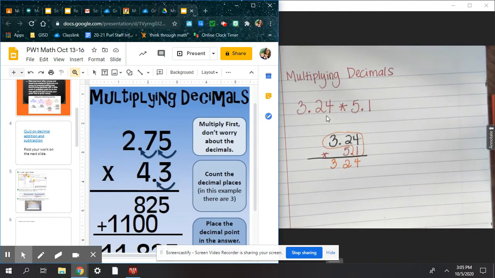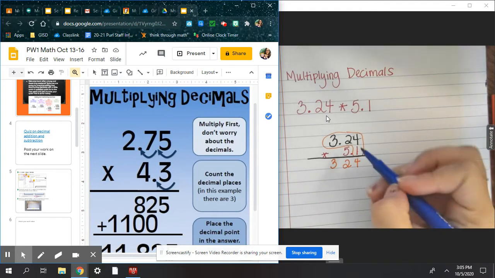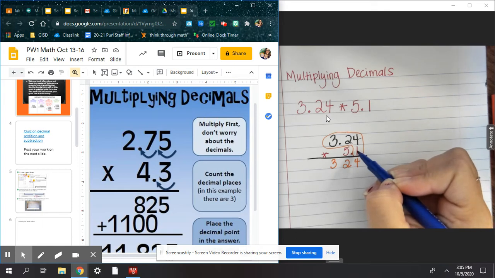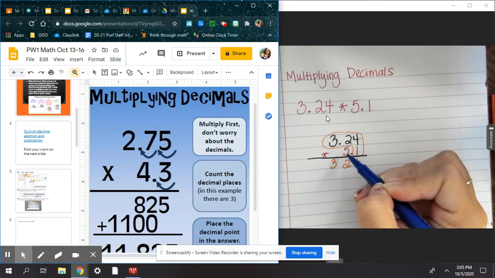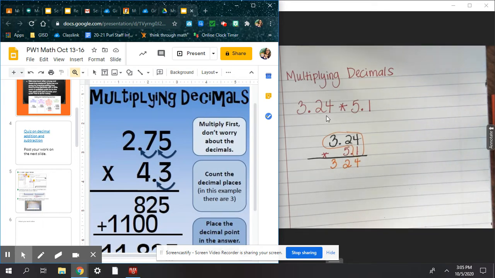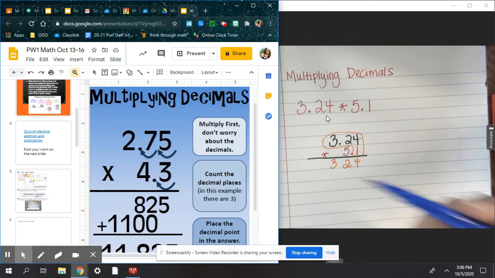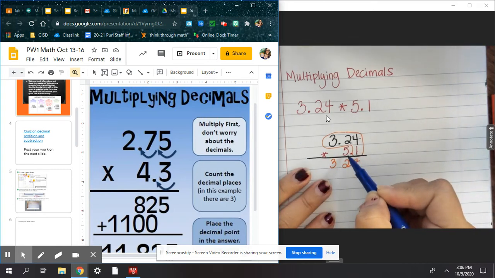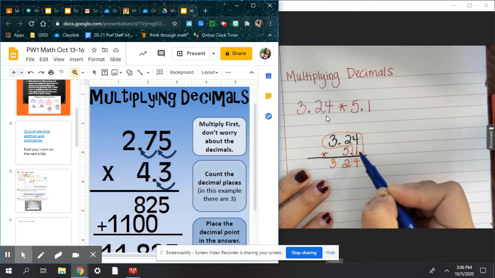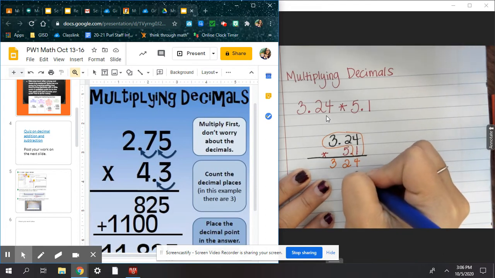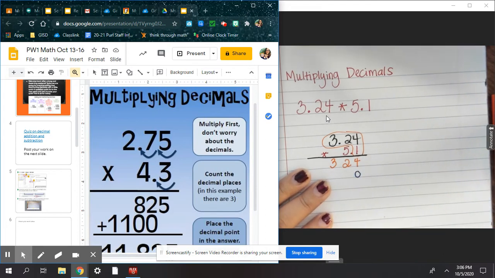Okay, so now that I'm finished multiplying everything with the ones place, now I'm going to look at my tens place. Now remember, this is the important part. I'm still multiplying. I'm still doing step 1, multiply first. Since I'm finished with the ones place, I have to add that 0 here as a placeholder for me.